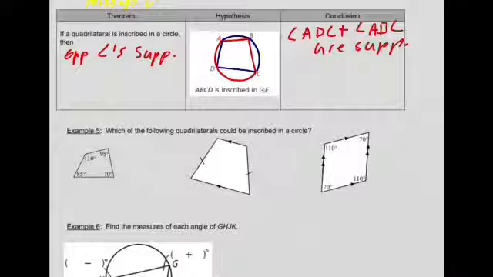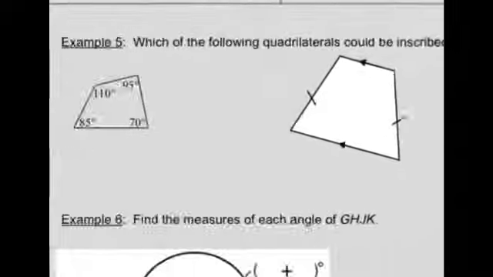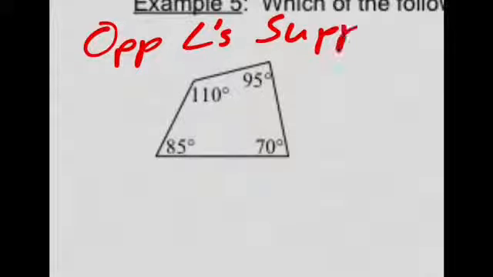Alright, so let's take a look. Which of the following quadrilaterals could be inscribed in a circle? Alright, so we're looking at the opposite angles to check if they are supplementary, right? So I'm going to look at my opposite angles here.